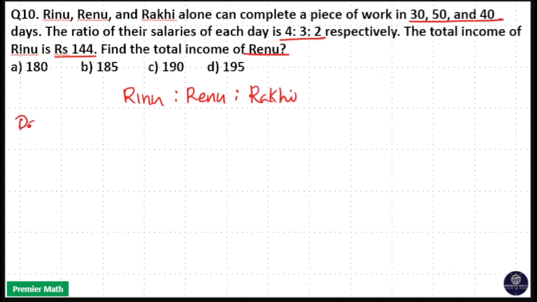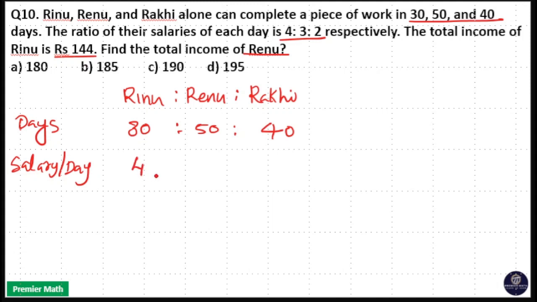Days needed to complete the work are 30 is to 50 is to 40. That is, to complete the same work, Renu needs 30 days, Renu needs 50 days and Rakhi needs 40 days. And salaries per day: 4 unit, 3 unit and 2 unit.